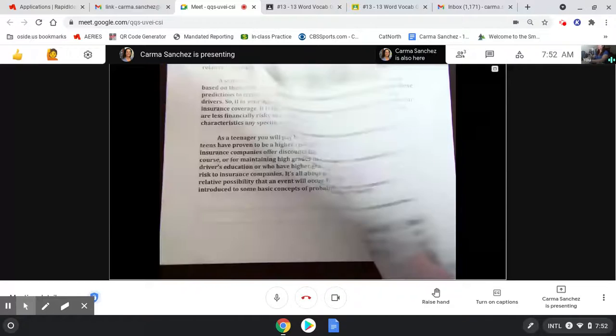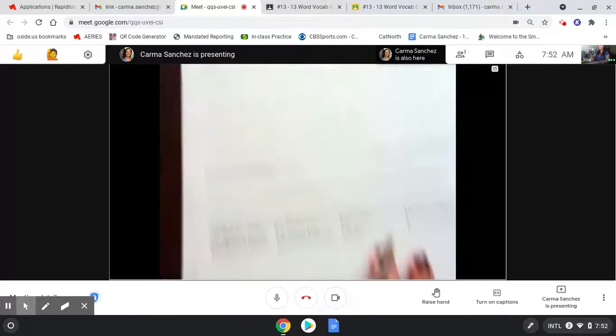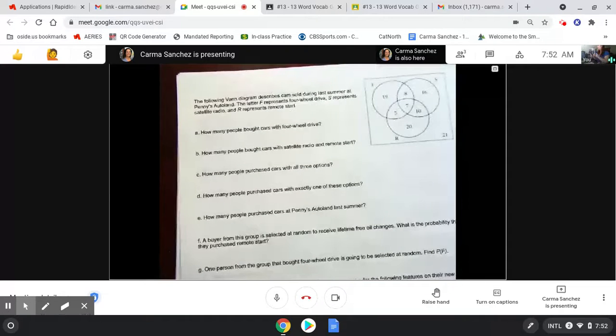All right, let's go look at the next ones. The following Venn diagram describes cars sold during the last summer at Penny's Autoland. The letter F represents four-wheel drive, S represents satellite radio, and R represents a remote start. How many people bought cars with four-wheel drive?